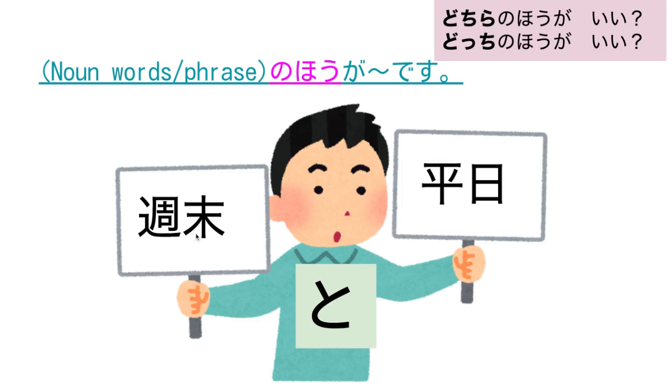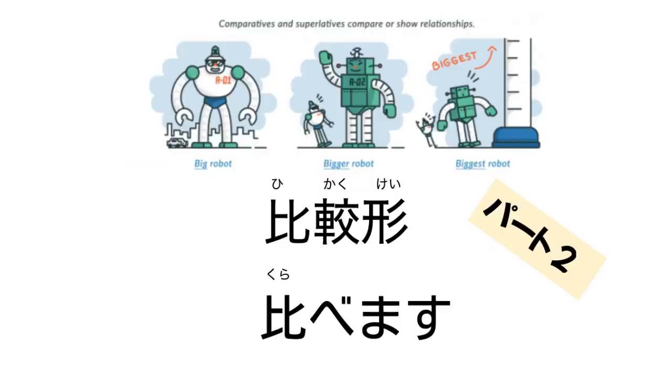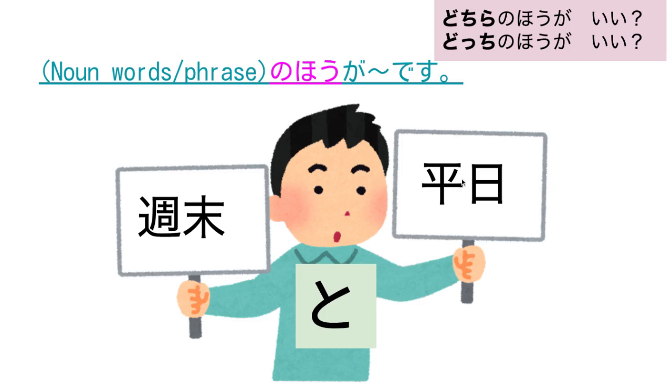週末 is weekend. I think you know it already, but weekday you may not know this yet. So let's write it down. 平日 平日. Now, to complete the question sentence, you go like this. 週末と平日 or 平日と週末.